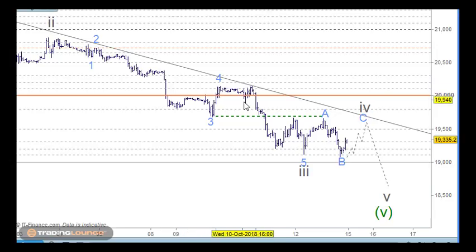And in this case, I'm looking at 1 and 2 and 3 and 4 and 5 here. Then the A wave, the B wave, and the C wave here, and then down. When I'm looking at this, I could count this down as 1 and 2 here, and 3 here, and back for 4 here, and then wave 5 here, coming down and finishing, and then having a correction. But I've lined it up with the other European markets.